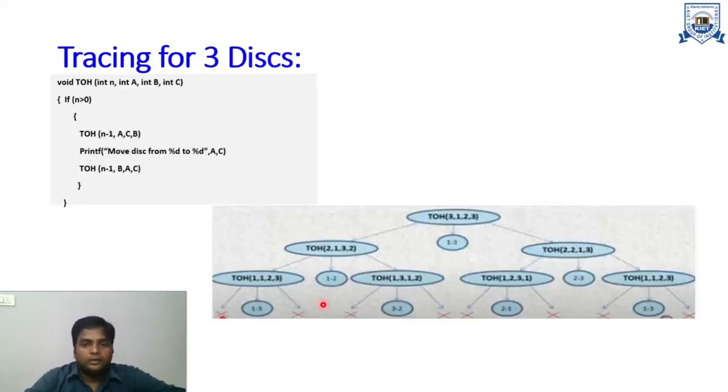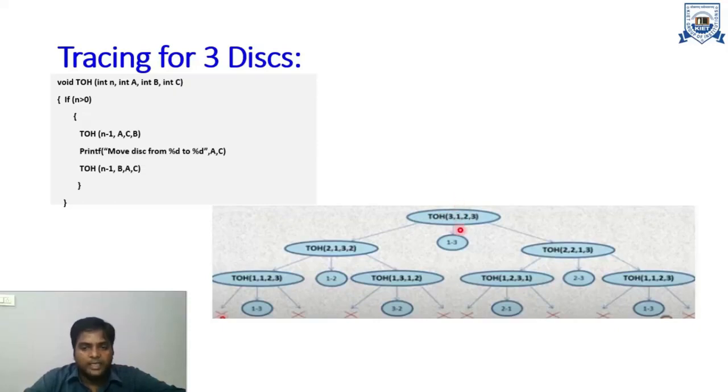Now we just trace the process when we have 3 disks in a particular tower. So what we do, just see over here, this is an example for 3 disks. Initially the number of disks is 3. Here we just number the 3 towers.